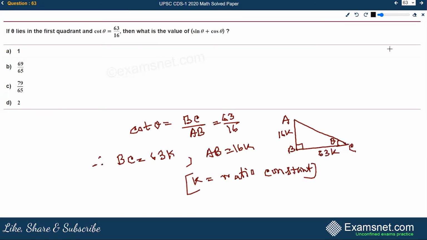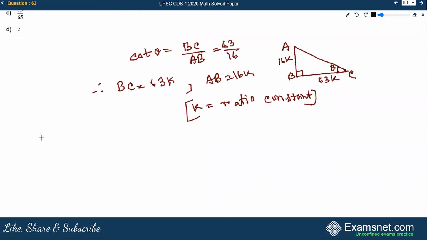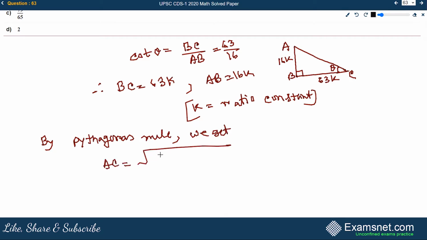By Pythagoras rule, we get the value of AC as root under (16K) whole square plus (63K) whole square. It would result in 65K, so we got the value for hypotenuse, that is 65K.